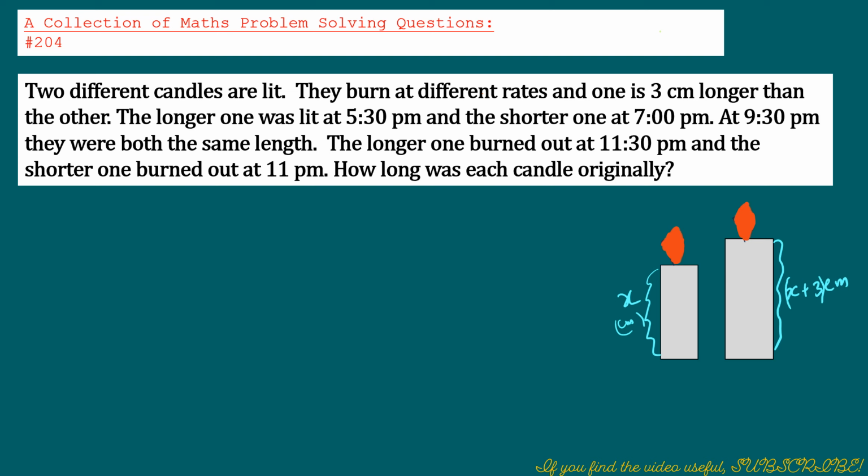The longer one was lit at 5:30 p.m. and burned till 11:30 p.m. So the large candle burns for 11:30 minus 5:30, how many hours it would burn for, and that would be 6 hours.